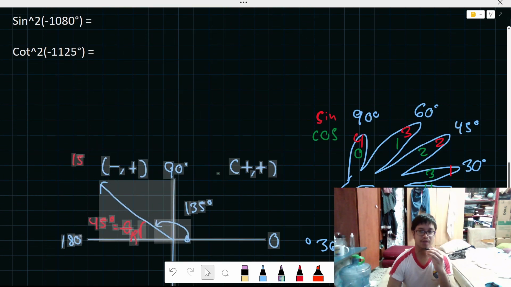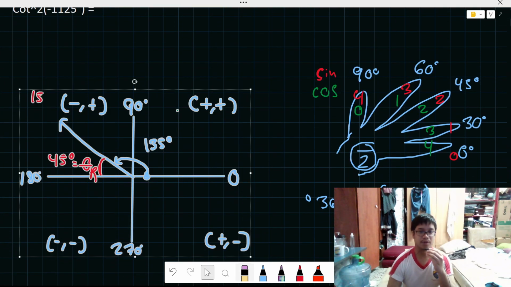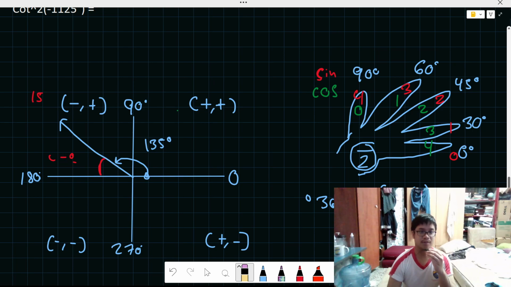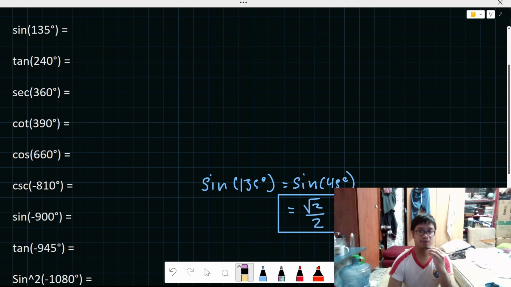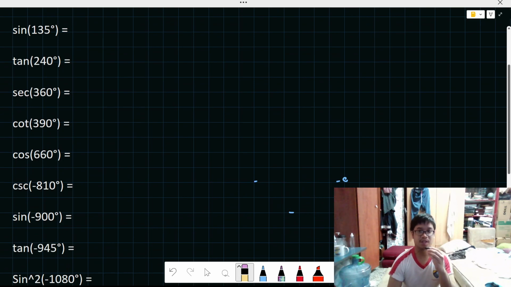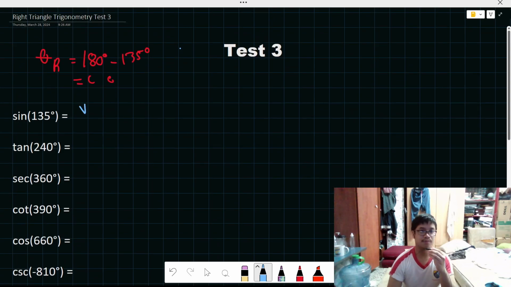There we go. So that's it. Now square root of 2 all over 2 is the answer in this case.